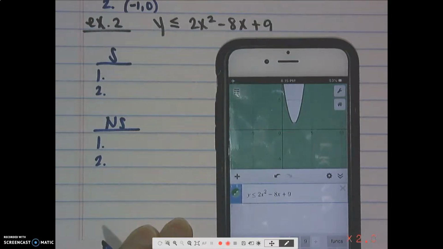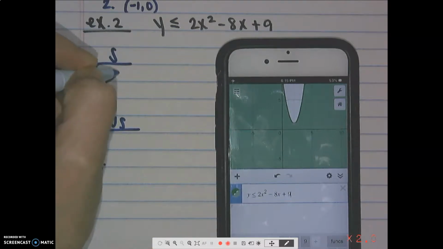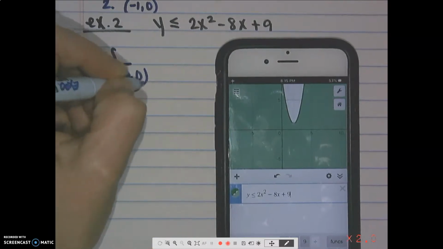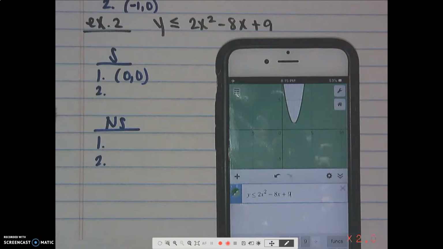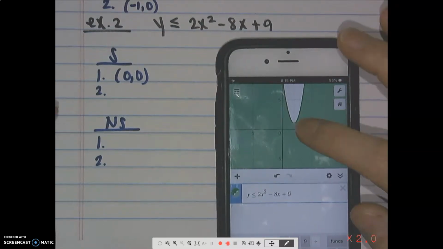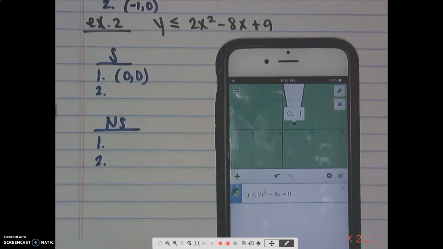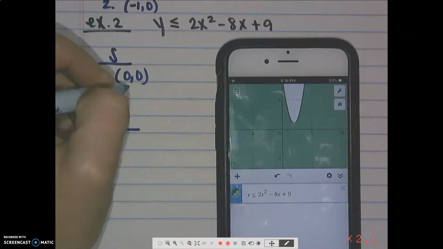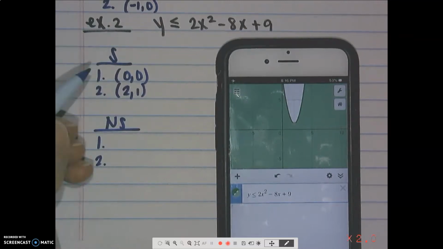Again, you can choose how much or how little of this graph you want to look at by moving things around. So here, solution, again, 0, 0 is in the shaded area. Are we allowed to choose anything that's on the parabola in this case? Yeah, it's a solid line. So we're allowed to choose that point 2, 1.